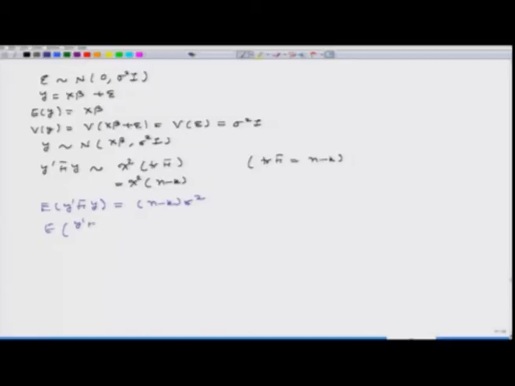Hence y transpose h bar y over n minus k is equal to sigma square, and this implies that sigma square hat is equal to y transpose h bar y over n minus k.